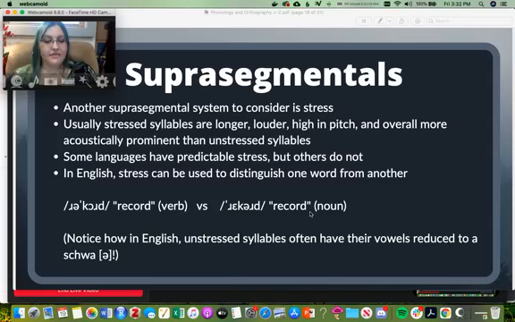Like I have a record that I recorded, right? And notice, extra tidbit, in English, unstressed syllables often have their vowels turned into a schwa, right? This sound. So if it's unstressed, you tend to see a schwa, right? Unstressed here, unstressed there. That's sort of a secondary feature of what stress can do in English specifically. So stress can do a lot.